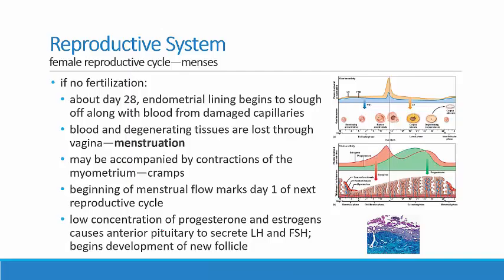And this can be accompanied by contractions of the myometrium of the uterus, and that's what we talk about as menstrual cramps. And so the beginning of menstrual flow marks day 1 of the next reproductive cycle. So that's how we know when day 1 is: the first blood arriving is indicative of that.